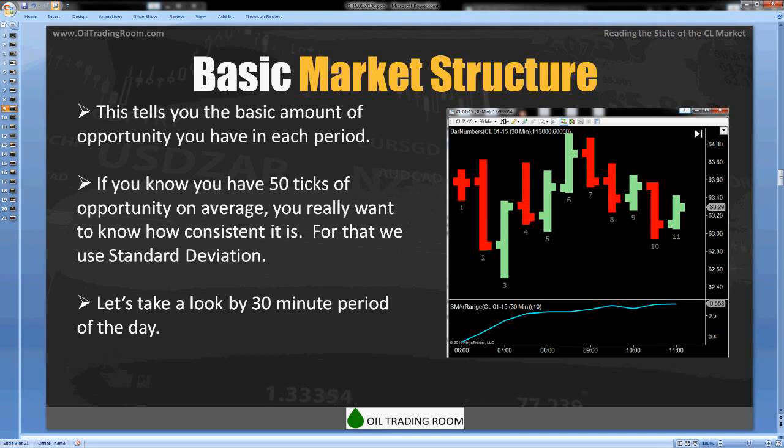That's actually fairly high for the ES. The ES can be a lot lower. When you add the fact that crude oil is a 10-tick structure, it makes the market easier to trade and to manage getting in and out of trades inside of these kinds of intervals. So we'll take a look at 30-minute periods of the day.